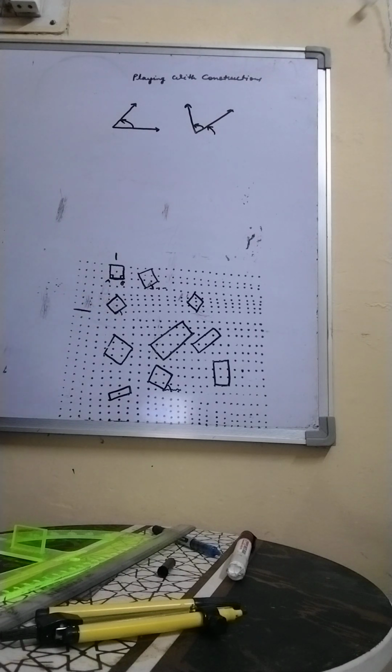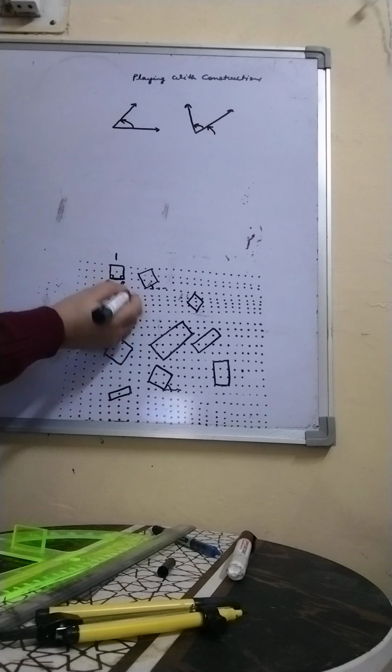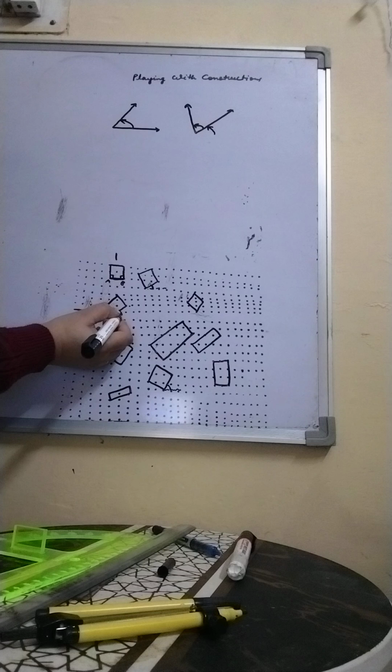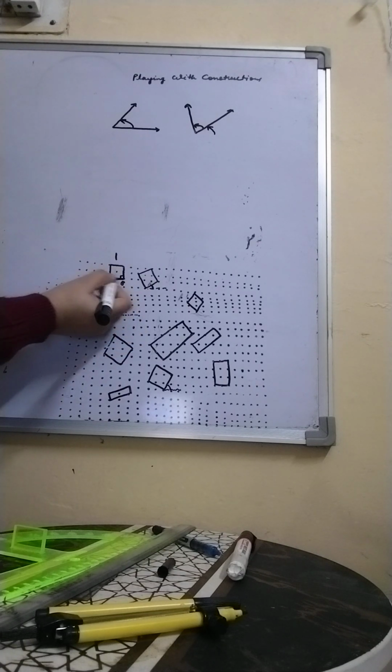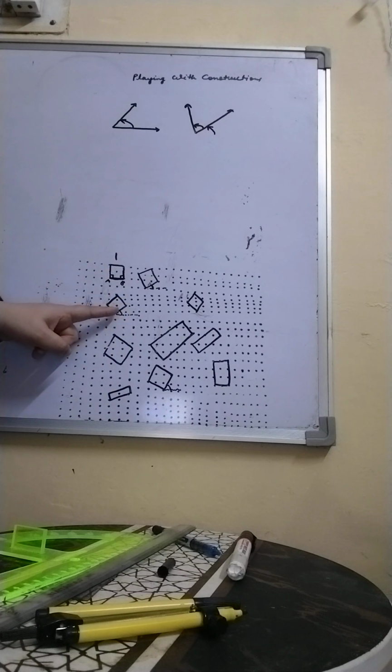In this way you get the square with 90 degrees, and the rotation has been done from here. This is the initial position of the square side, and now this is the next position of the square side. Now this is the second square.